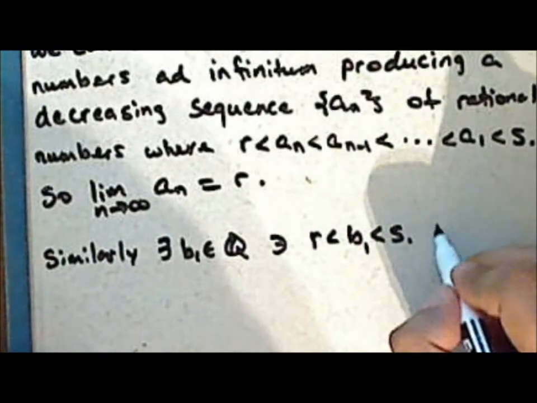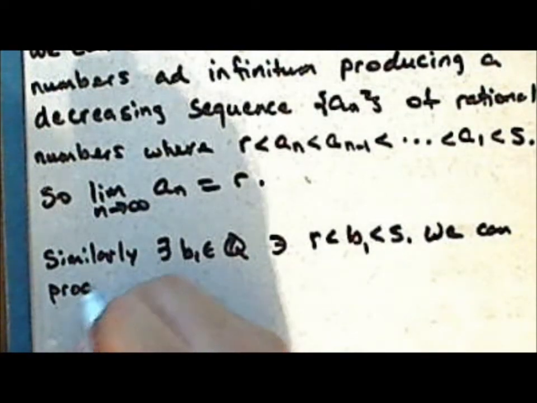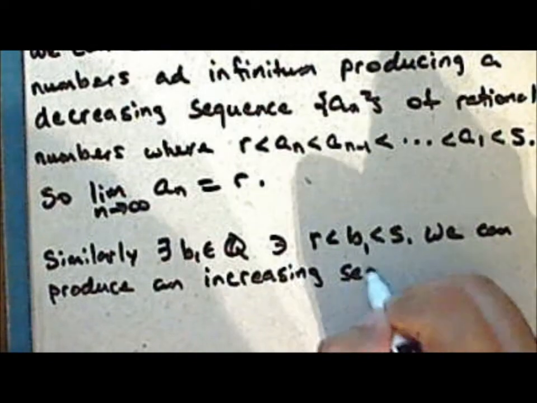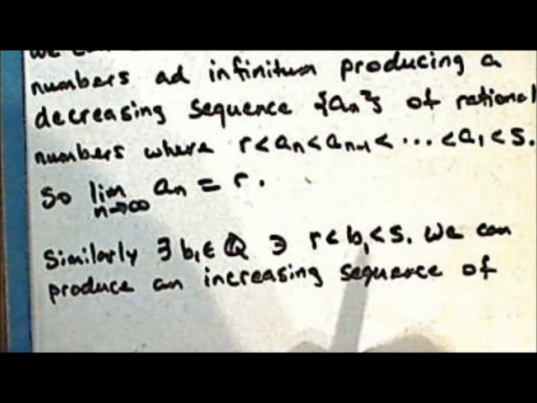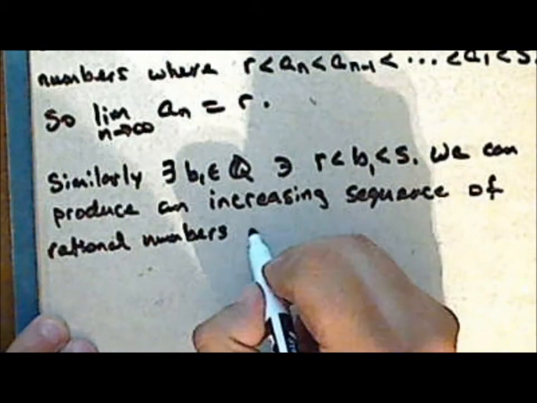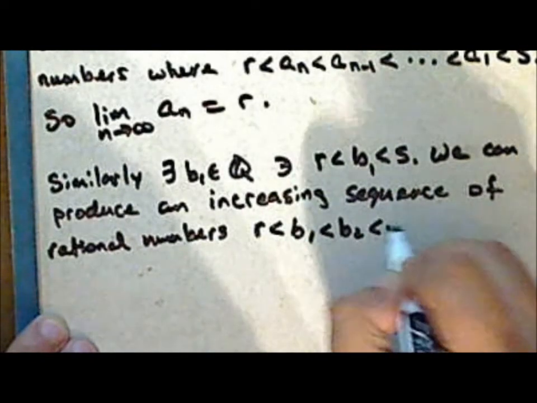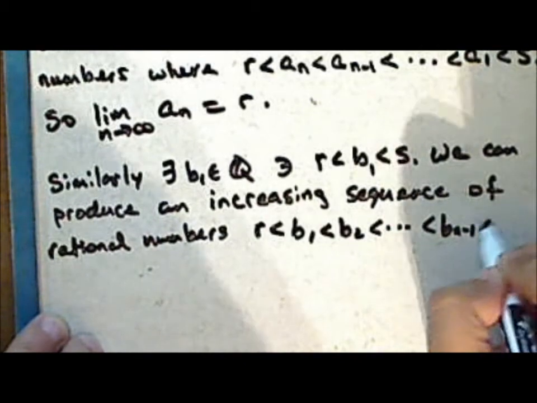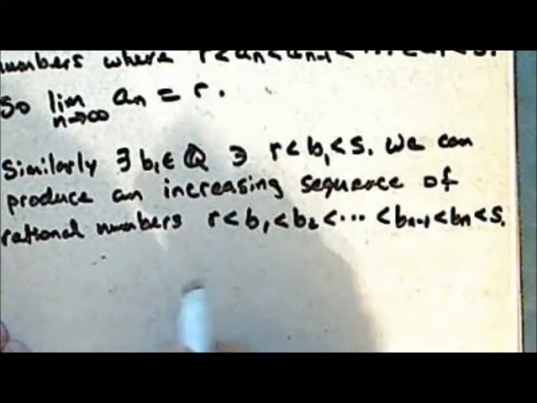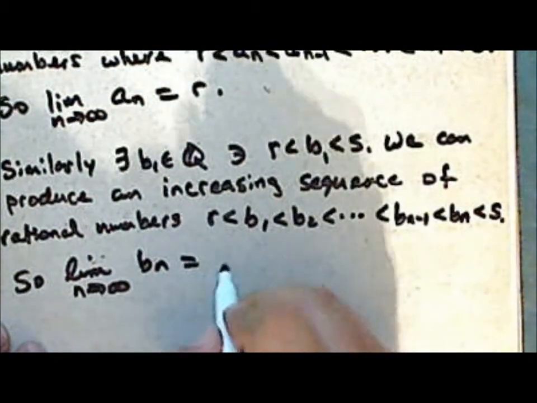Once again, we can produce an increasing sequence this time of rational numbers strictly less than the real number s, so that the limit as n approaches infinity of the sequence b sub n is the real number s.